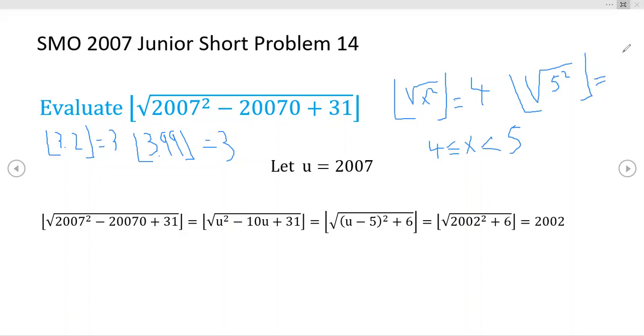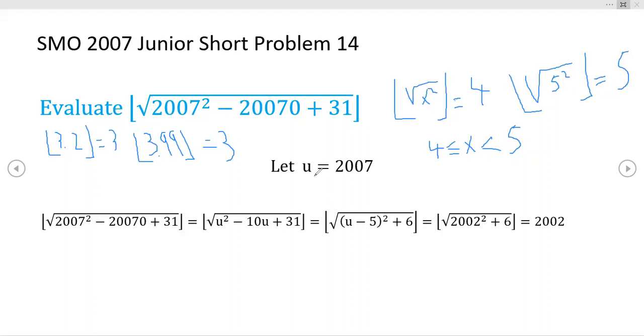So for inputs like 4 squared, 4.1 squared, 4.3 squared, 4.4 squared, all the way up to 4.999 squared, the floor of the square root of that squared is always going to be 4. Hopefully that made sense, and you'll see why I brought it up.